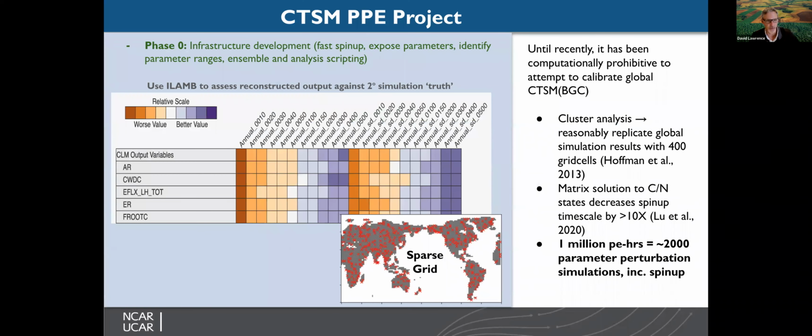And then the second thing is we need the model to go faster. Because of that long spin-up time scale, it was really impractical. So we combined two different activities to get the speed up that we needed.